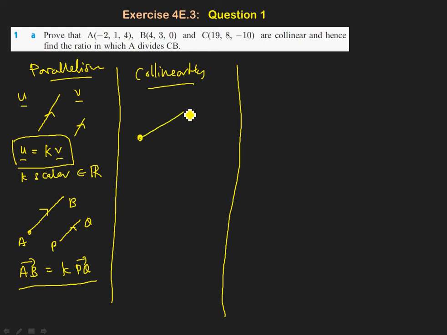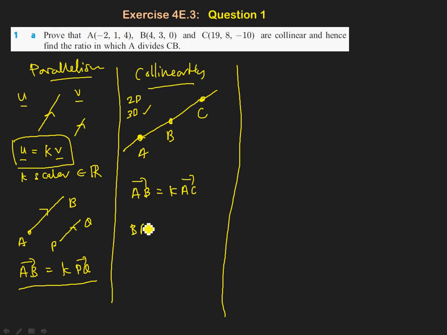Suppose we have 3 points A, B, C, and they can be connected by a straight line, whether in a 2D plane or 3D space. And if we can then show that AB is equivalent to k AC, as long as there's a common point, I choose A as a common point. You can start with this.